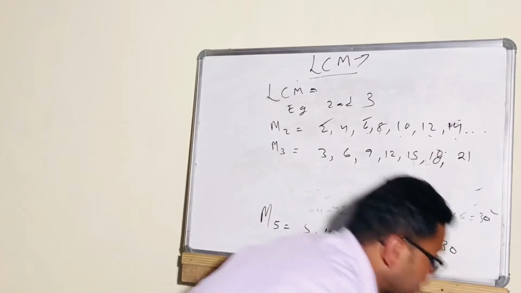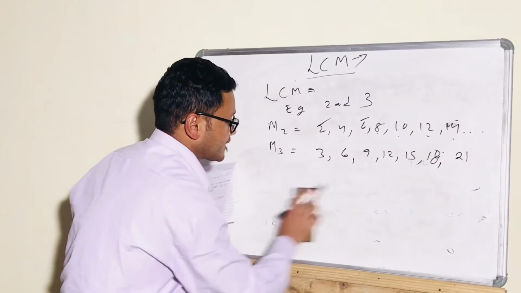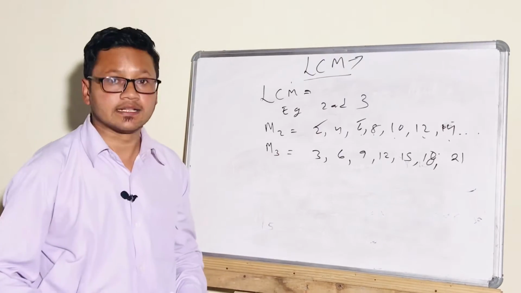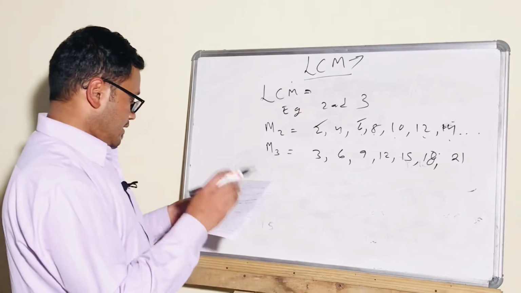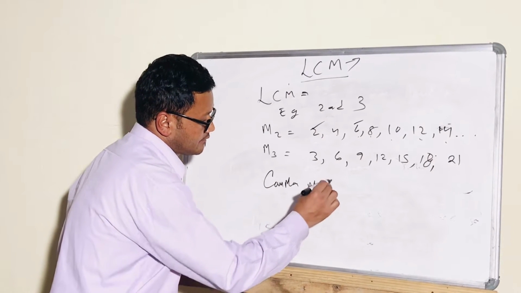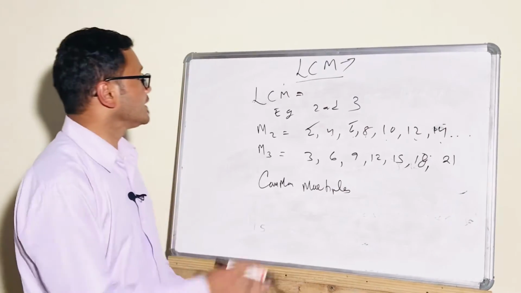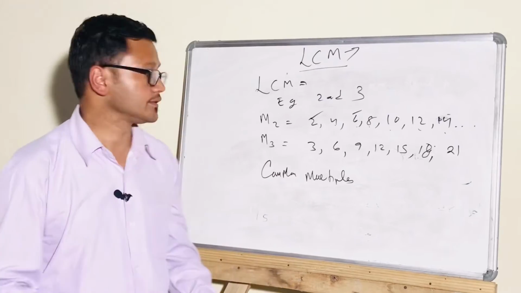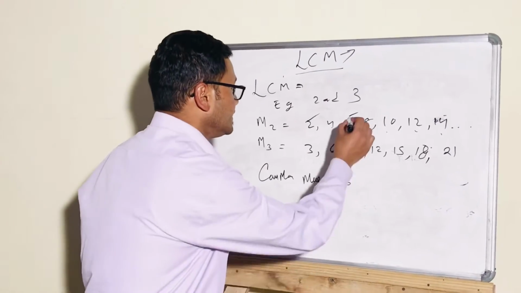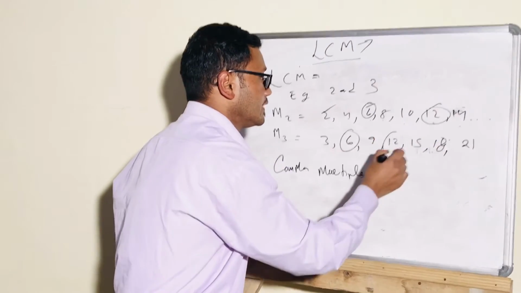Now, how do we find the LCM? This is a very common example. In HCF we found the common factors. Similarly, in LCM we will find the common multiples. The common multiples are 6 and 12.